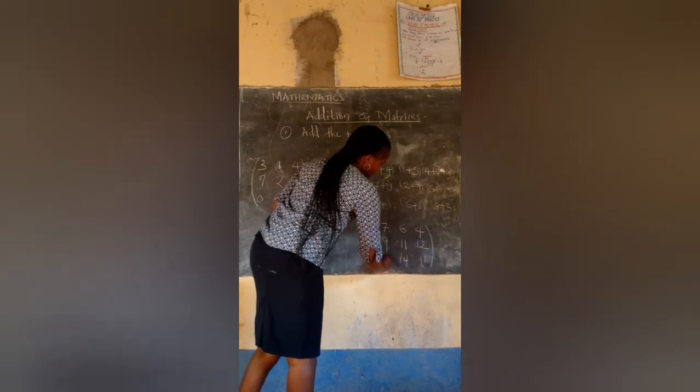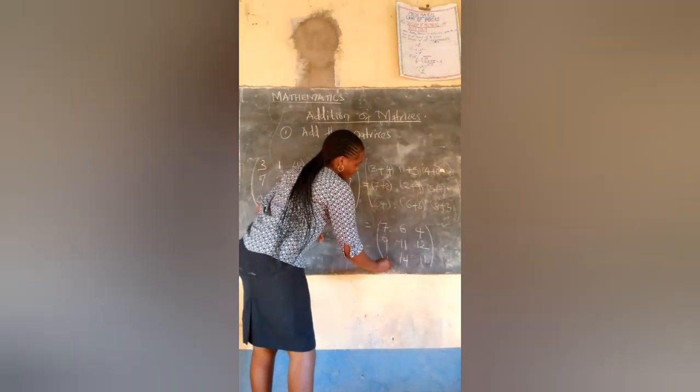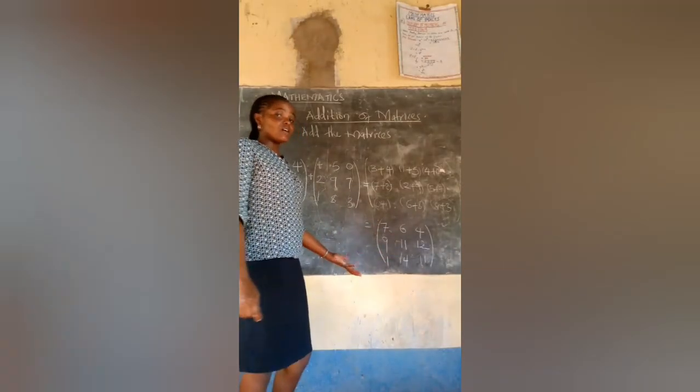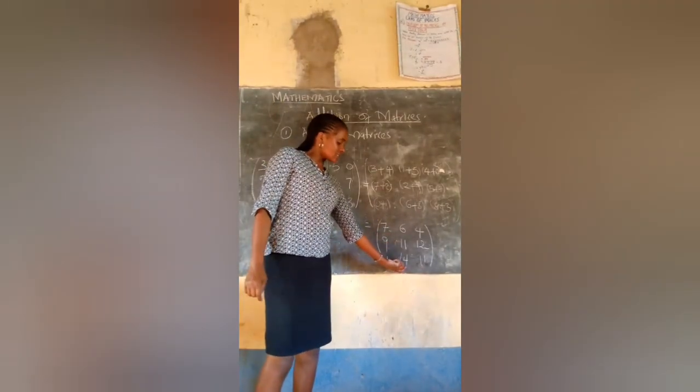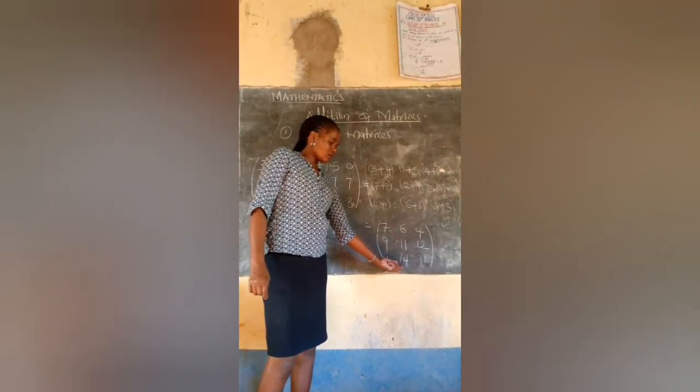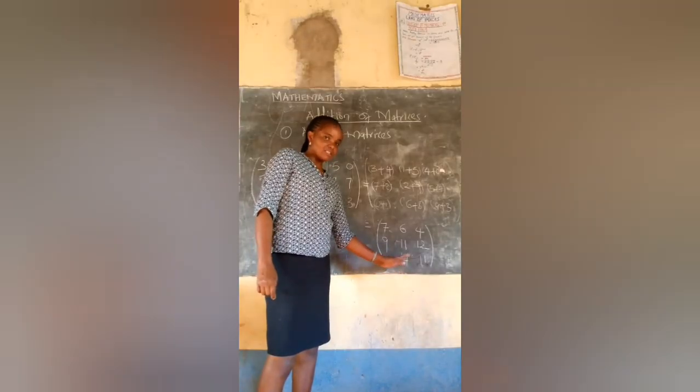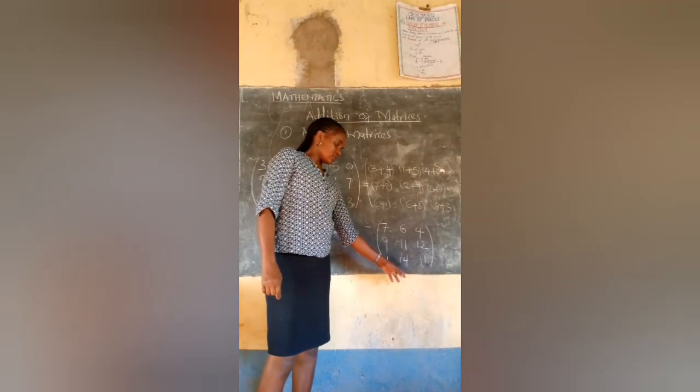That is the matrix. We enclose it, and again, make sure that the elements are spaced. This 14 should clearly be seen as one element, not 1 and 4.